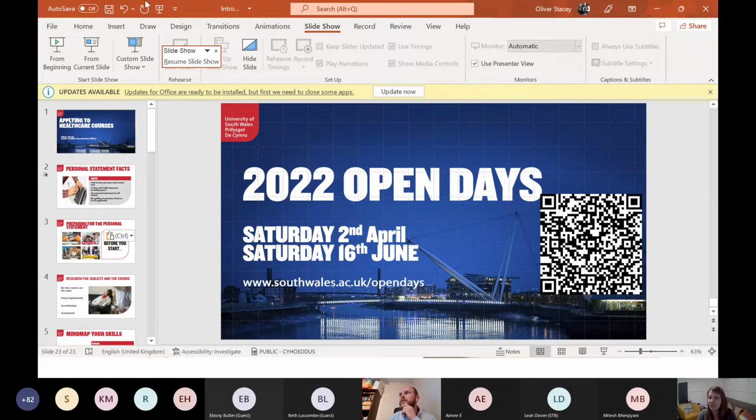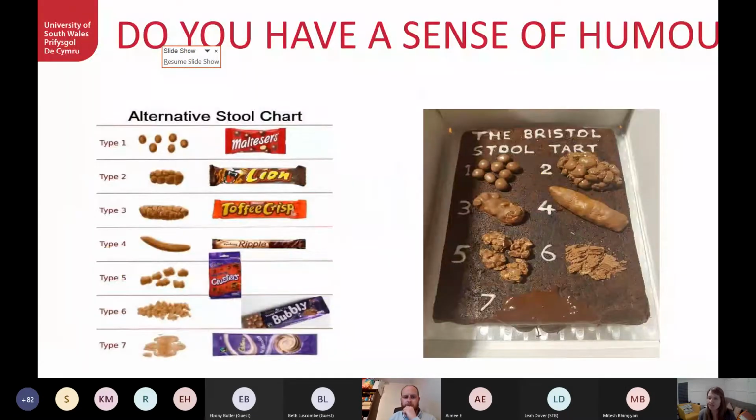And when somebody leaves nursing or midwifery, we generally will make them a cake that looks a little bit like poo, because we just love talking about it. So you really do have to have that kind of good sense of humour. And if you come to one of our open days, you'll see that all of the staff within the health science team are all usually very jolly and like having a good giggle about things, especially things to do with poo.